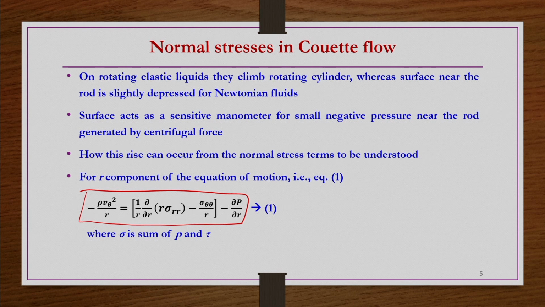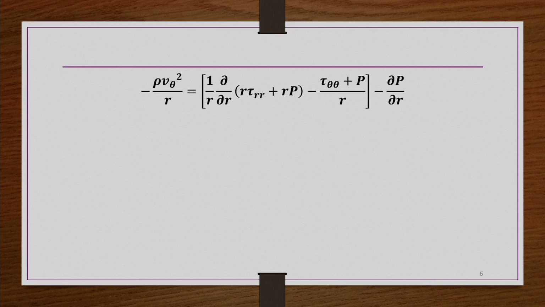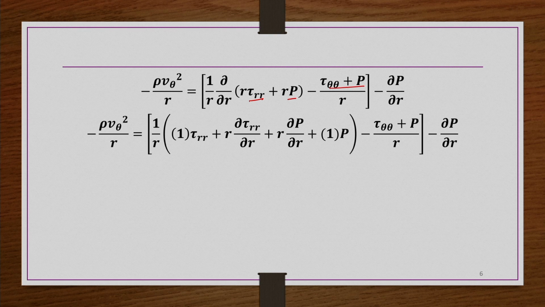Here sigma is nothing but the sum of p and tau, which we now substitute. So sigma rr is tau rr plus p, and sigma theta theta is tau theta theta plus p, and minus dou p by dou r is anyway there. When you differentiate this term, you have tau rr plus r dou tau rr by dou r plus r dou p by dou r plus p, and the last term as it is.